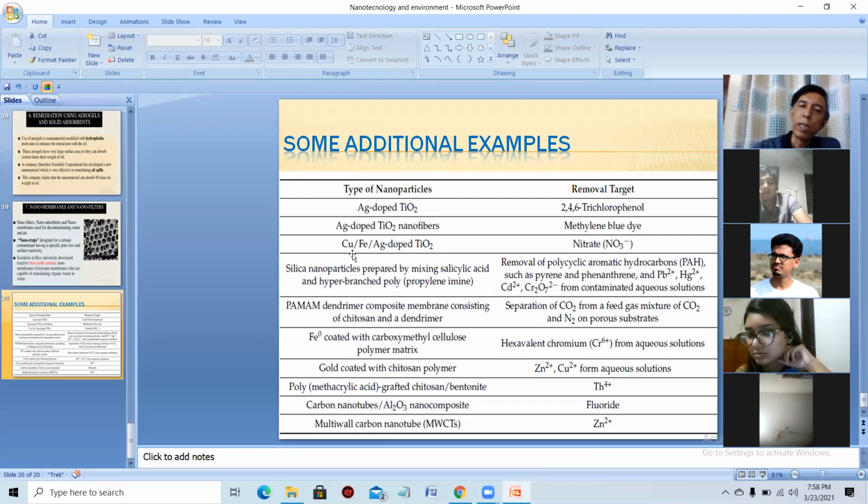That means a silver-doped titanium oxide nanoparticle can remove only 2,4,6-dichlorophenol from the environment. So if you have an industry which has an effluent of 2,4,6-dichlorophenol, then you can use silver-doped titanium oxide nanoparticles to remove 2,4,6-dichlorophenol.